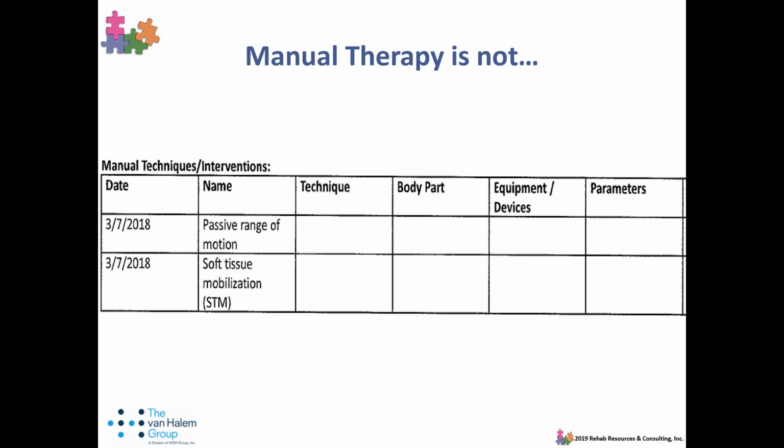But if you're joint stretching after joint mobilization, then rather than saying it's passive range of motion, talk about it being joint stretching. Talk about how you're trying to maintain the gains and the elasticity in the capsule that you've achieved through the joint mobs. That's a much different skill set and clinical analysis that's required to document than just saying passive range of motion.